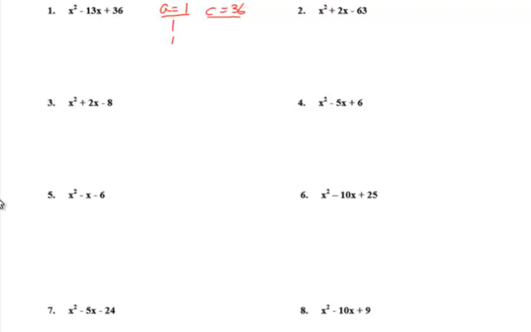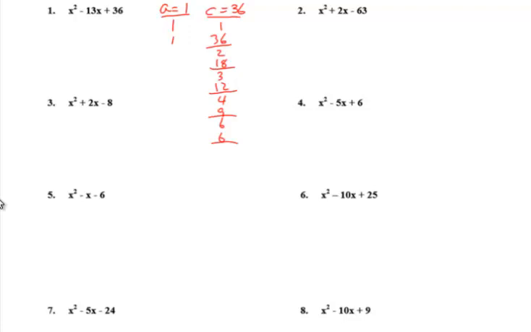C, 36. We could be 1 and 36, 2 and 18, 3 and 12, and 4 and 9, and 6 and 6. So 1 and 36, 2 and 18, 3 and 12, 4 and 9, 6 and 6.